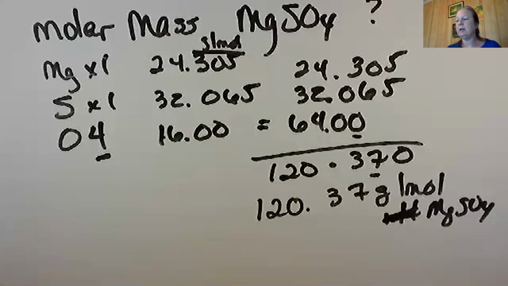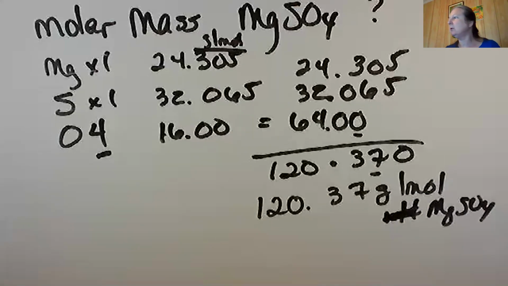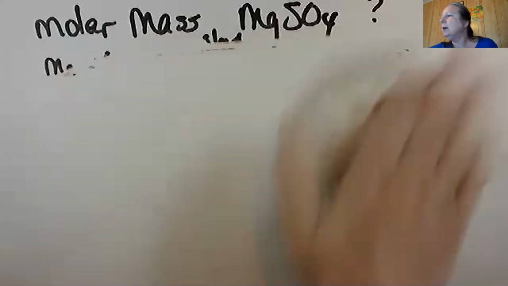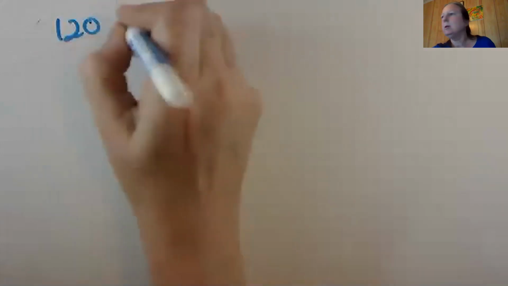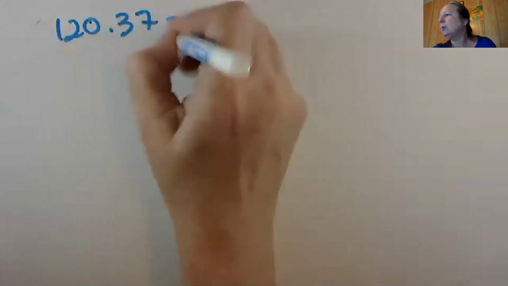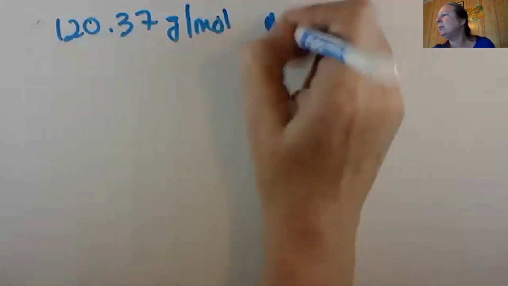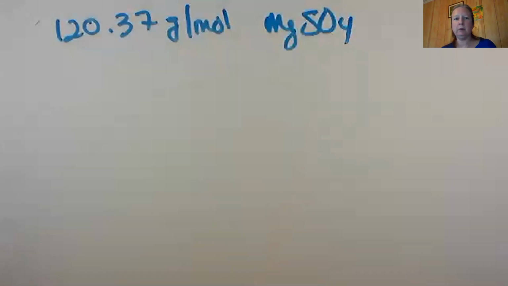Okay. The next slide, iClicker question 4, says, so I'm going to go back and write down, my answer was 120.37 grams per mole for magnesium sulfate, because I'm going to need that number.